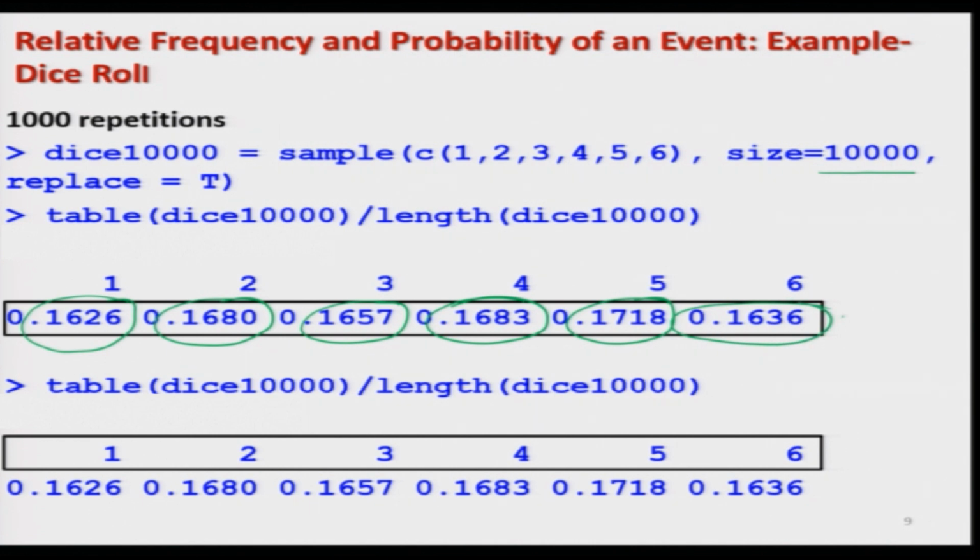And similarly, when I try to repeat this experiment, I get a different number, but if you look, you are getting the same number here, but that is only by chance.